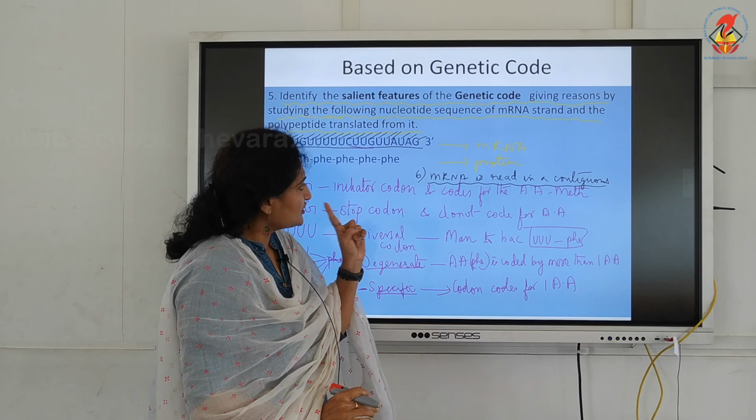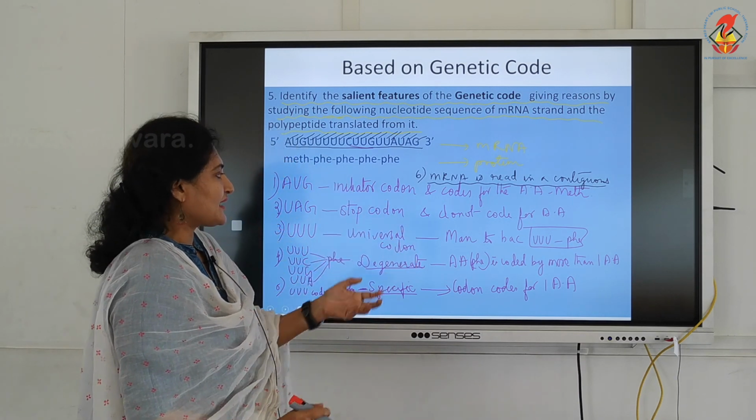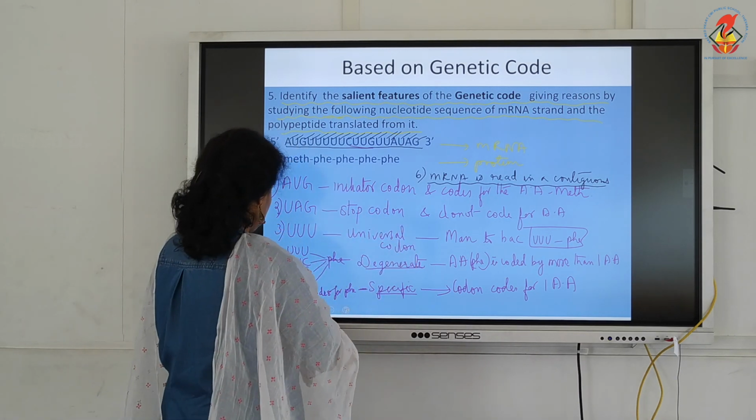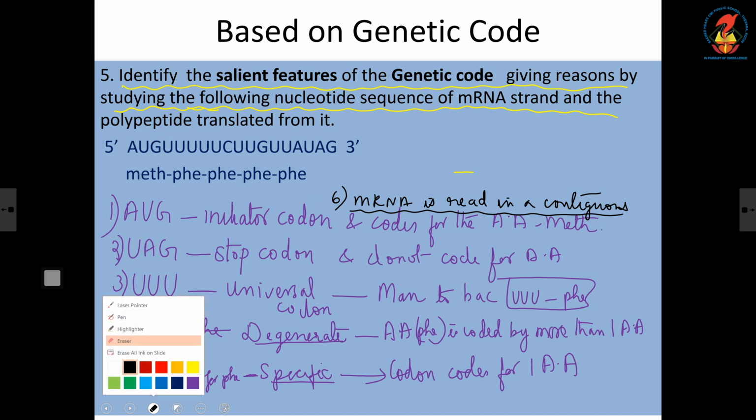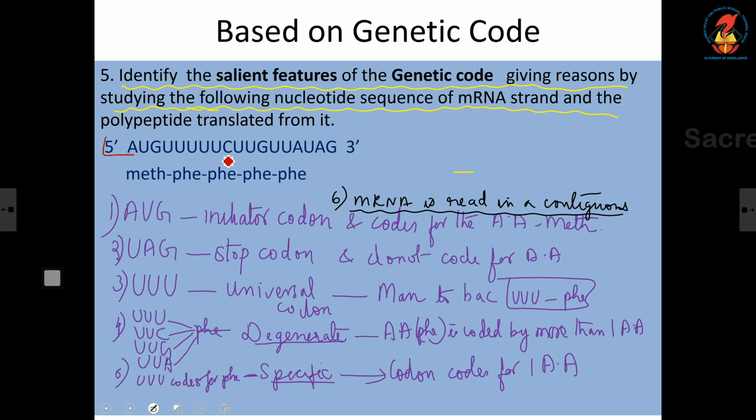Now, related to this particular concept, I have another question. They will give you this sequence and they will ask, this will not be given, so I am striking it.